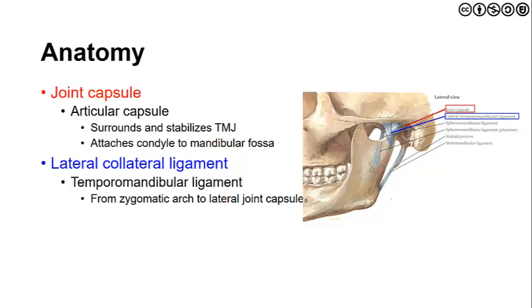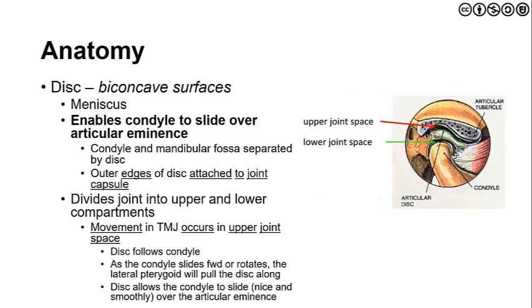Found inside that capsule is our disc. Now, we mentioned earlier it's a biconcave surface. It is fibrocartilaginous, and so it functions very similar to the meniscus, and it enables the condyle to slide over the articular eminence or the articular tubercle without becoming impinged, if you will.